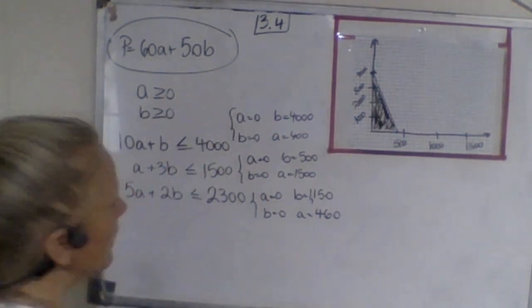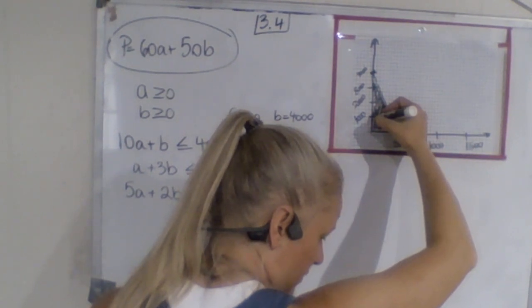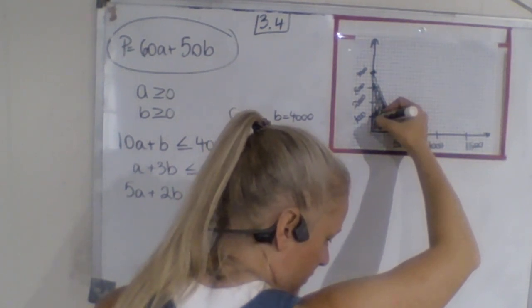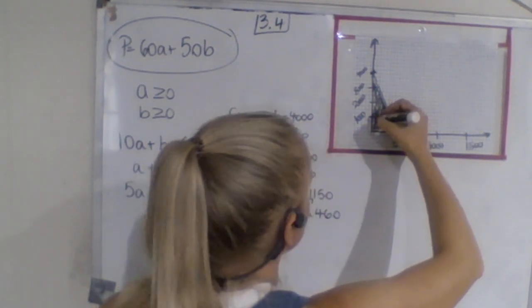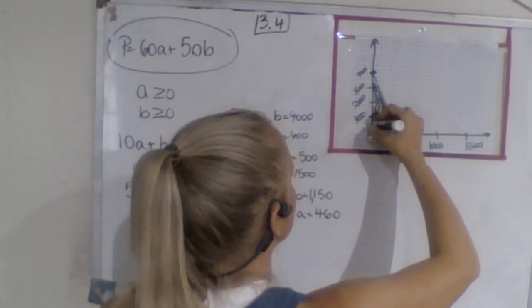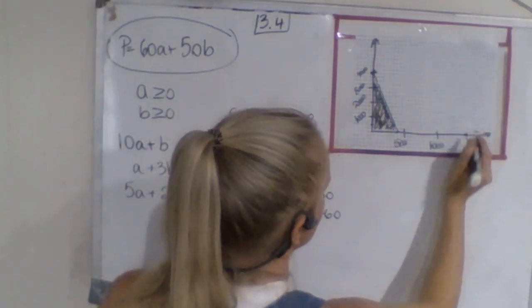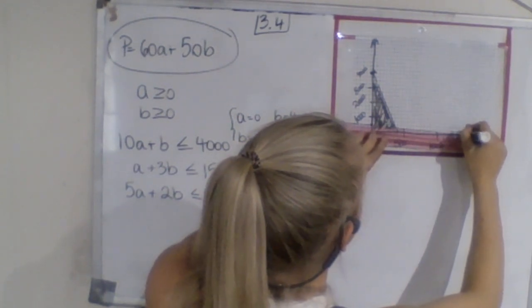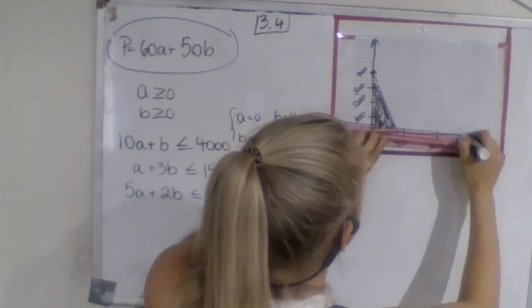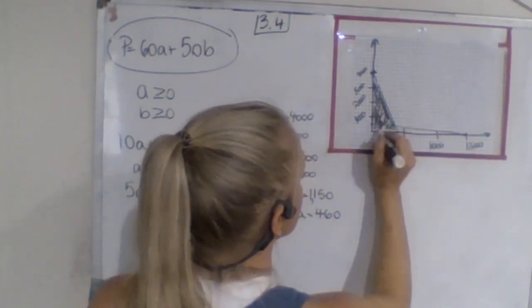Now for my second one, my B is 500, and my A is 1,500, right here. It's going to be a hard solution to get.